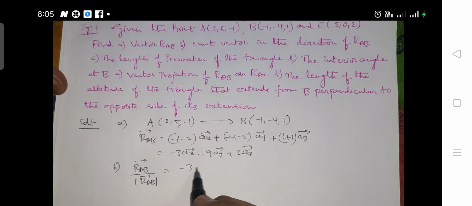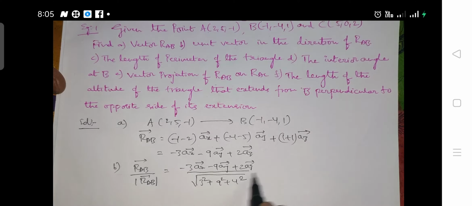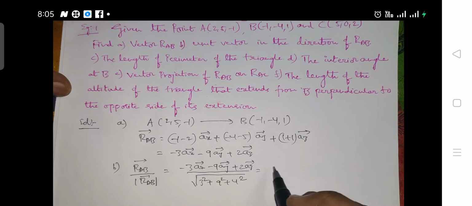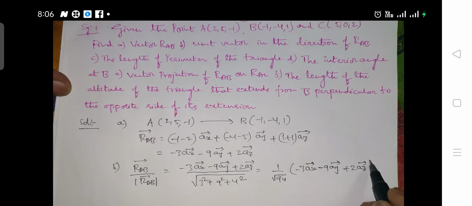So this is equal to -3 ax bar minus 9 ay bar plus 2 az bar divided by the magnitude of this vector, which is the square root of 3 square plus 9 square plus 2 square, and this gives rise to 1 by square root of 94 times (-3 ax bar minus 9 ay bar plus 2 az bar).